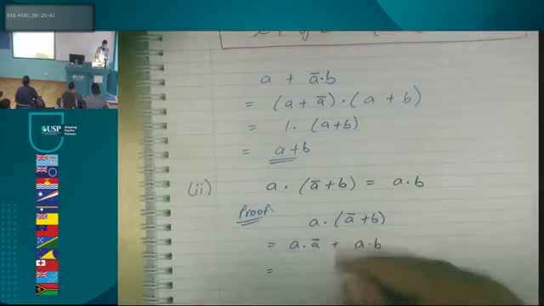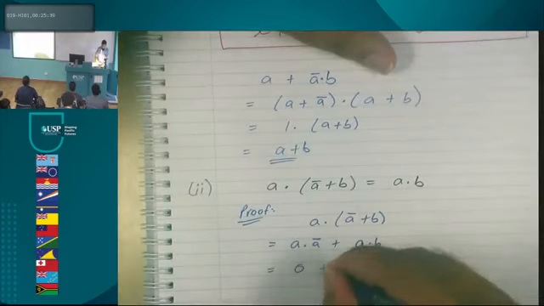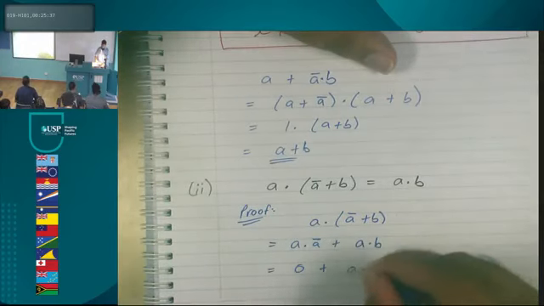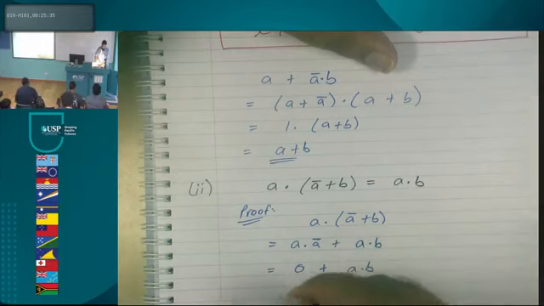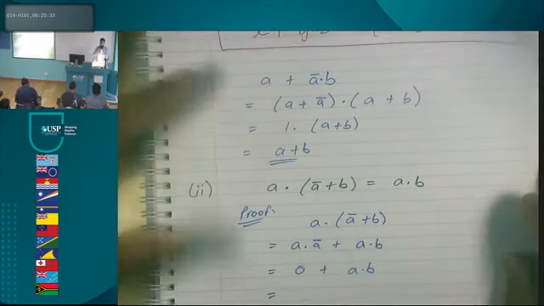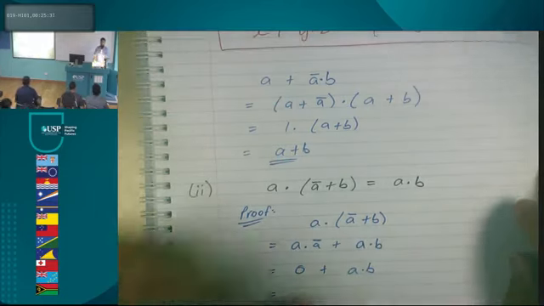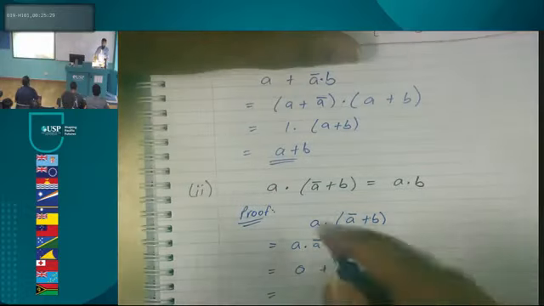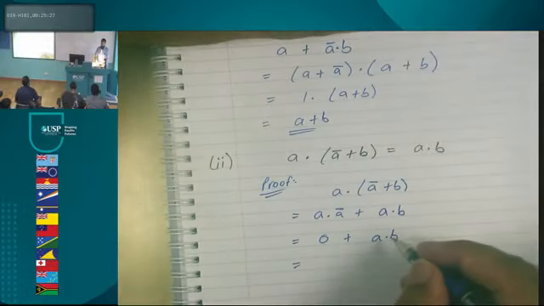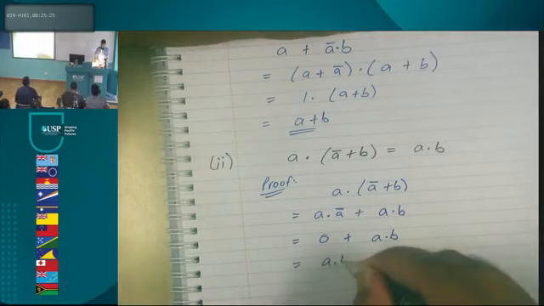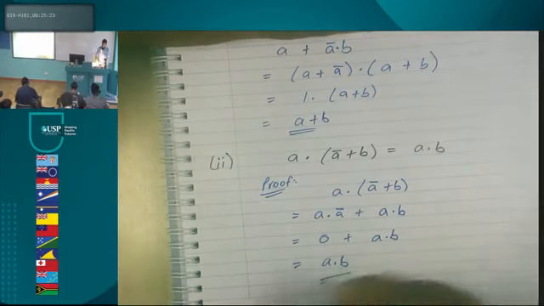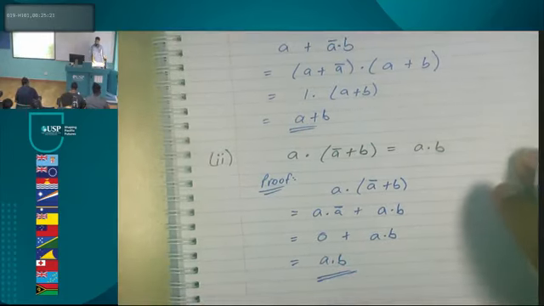A and A bar will give you 0. According to the identity of the OR gate, 0 or A and B. Anything or with 0 will give you the same. There we go. Answer. That's the proof.